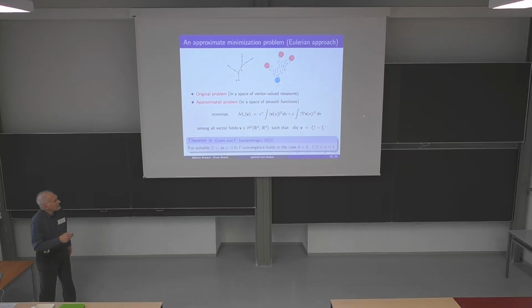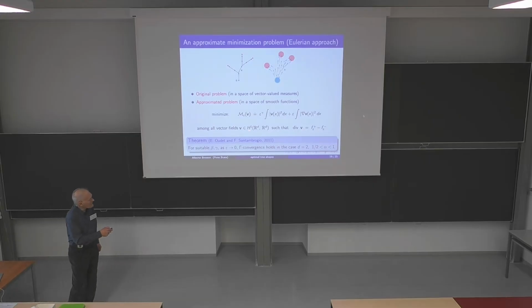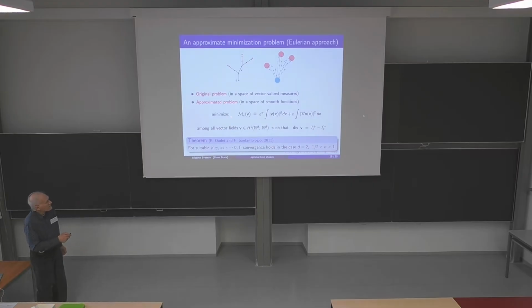And then we want a flux so that the divergence here is positive, and here is negative, right? And so among all the vector fields in H1, such that the divergence is this modification minus these three modifications, minimizes this functional here, which is a Modica-Mortola type problem.